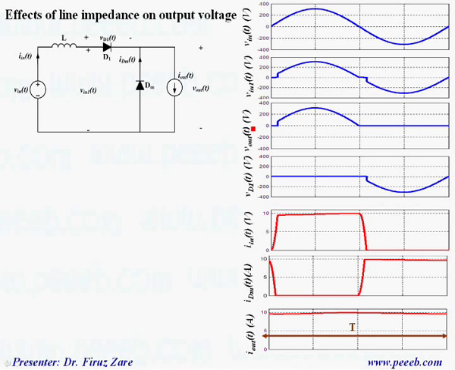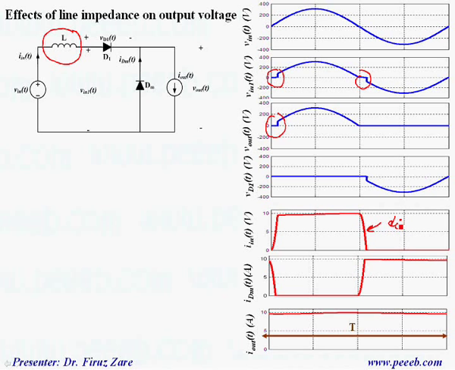Let's look at this circuit diagram in which there is a line impedance, and now we are going to analyze the effect of this line impedance on the output voltage, the input voltage, and also on the di/dt.